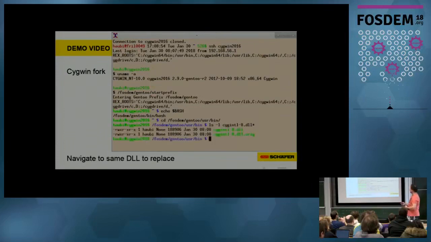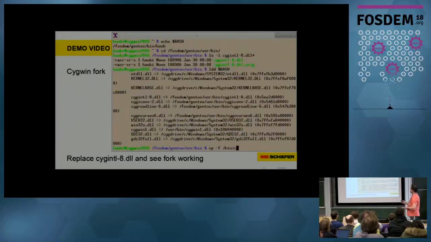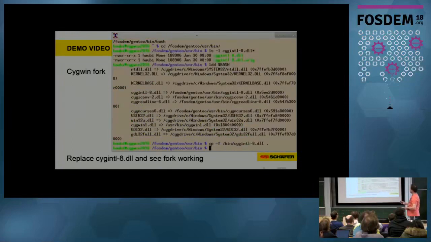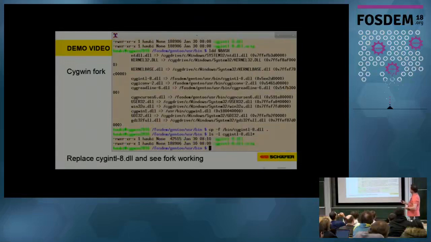So here there is still the backup and the original DLL. And now, ldd on bash shows this is still to be loaded. Then replace this DLL with the Cygwin one, so it's actually a different one.